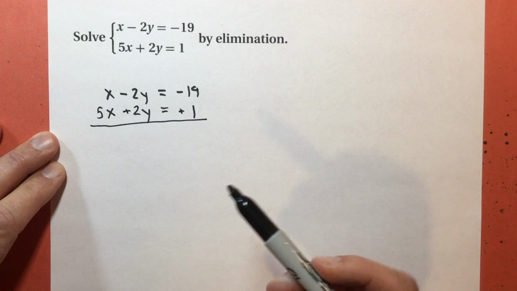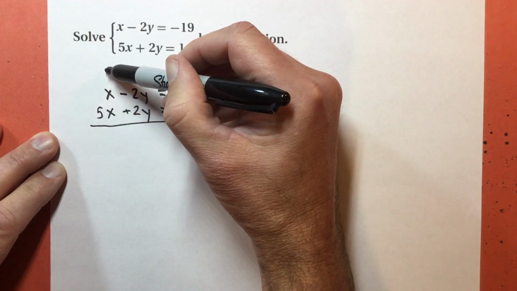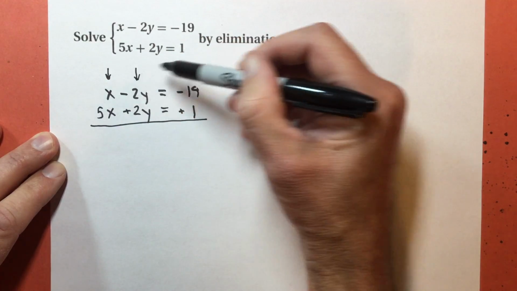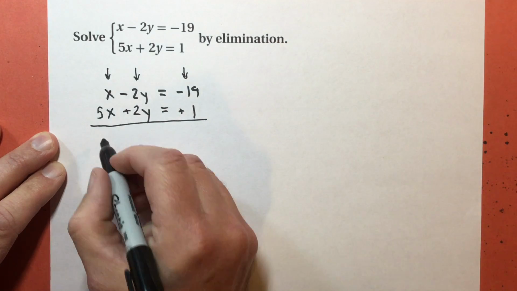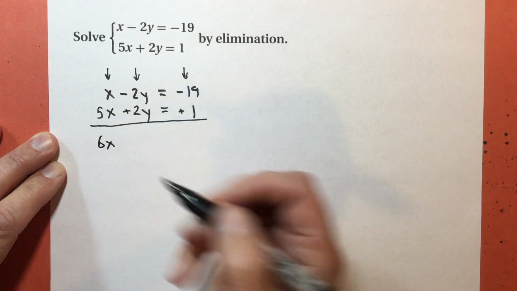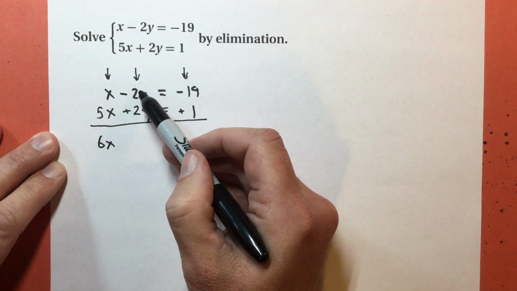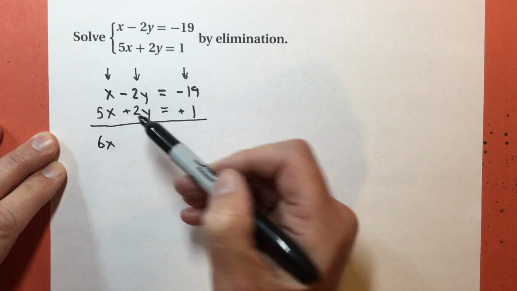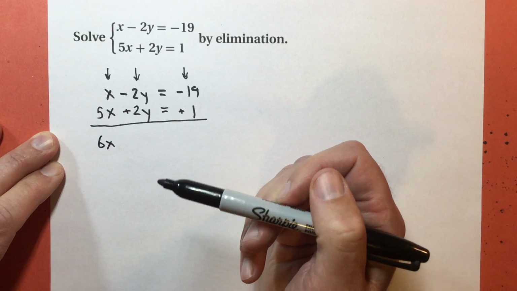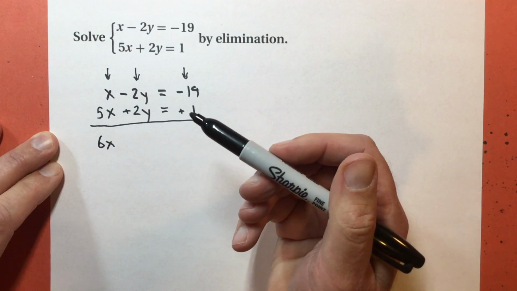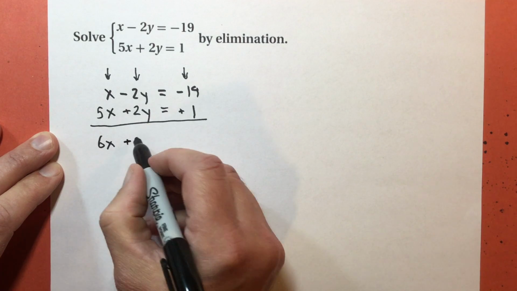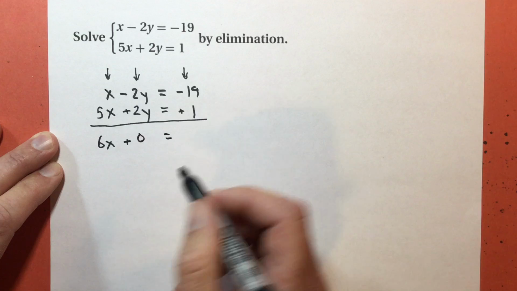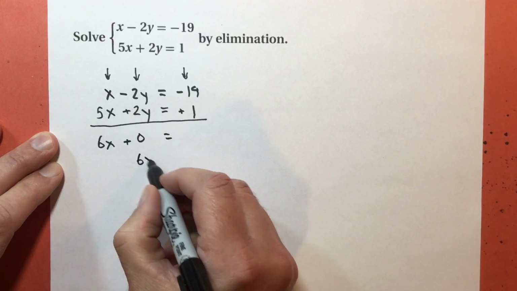So now, I'm going to add this way. So 1x plus 5 more x equals 6x. Negative 2y plus positive 2y equals 0, or you can say 0 times y. And 6x plus 0, I'll put it down here, 0 is just going to be 6x.